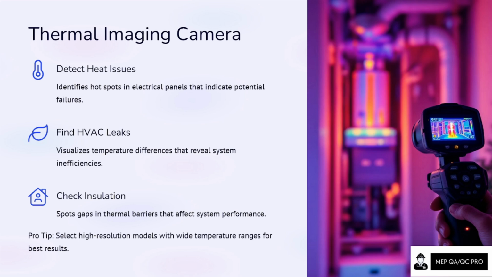When you energize the panel, at that time we have to use this thermal detection in order to identify any issues, so that we can easily detect the heat issues. The camera will easily detect if there is a chance of burning in the cables or fuse or MCB or ELCB, whatever. And also this will detect HVAC leaks.